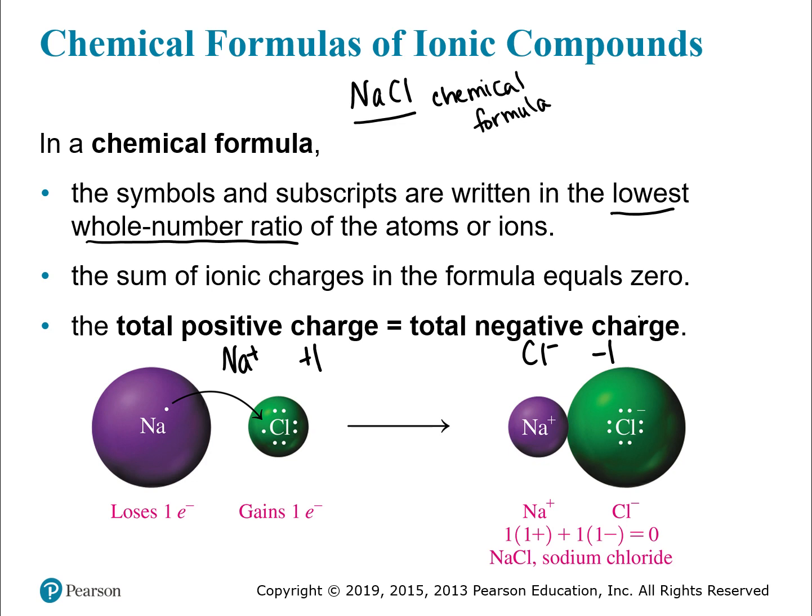So +1, -1, they cancel out, and the charge is 0. And then down at the bottom here, it's a visual depiction of this compound coming together. So sodium donating its electron to the chlorine atom, forming the sodium ion and the chloride ion, and they're bonded together via an ionic bond.